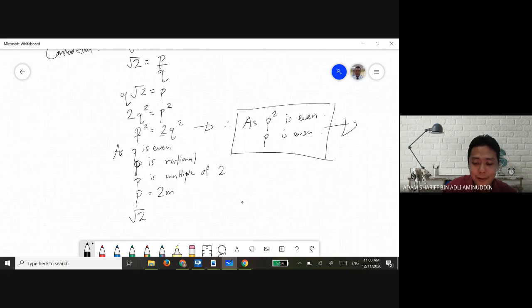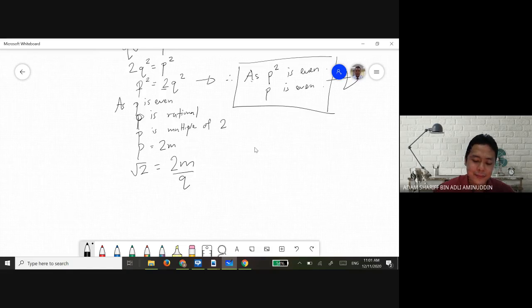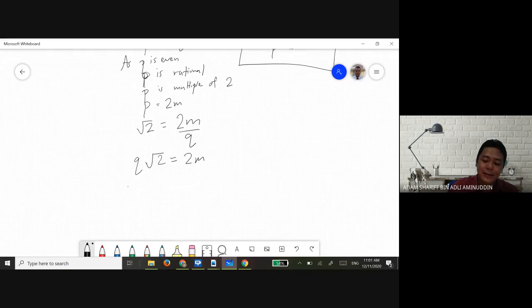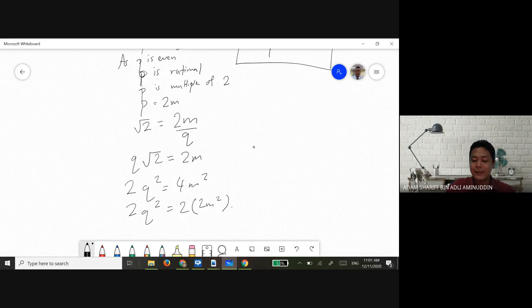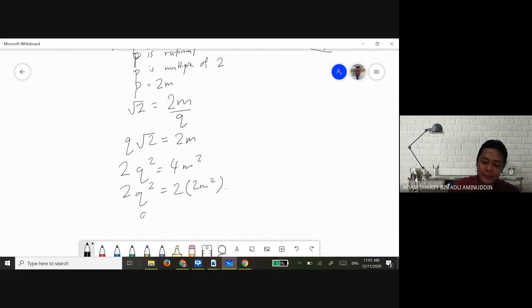So square root of 2 equals 2m over q. Q square root 2 equals 2m. 2q squared equals 4m squared. 2q squared equals 2m squared. So q is actually even as well.